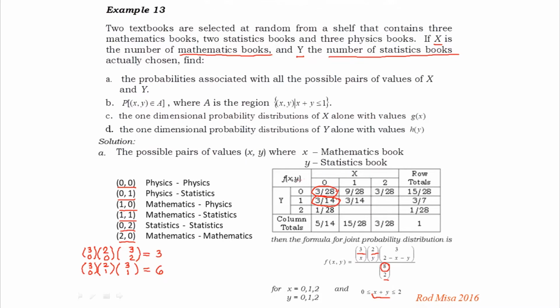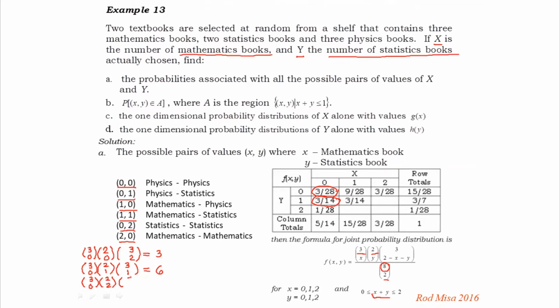But when your x is 0, which means that there is no mathematics book, but your y is 2, this means that the 2 books are all statistics books. So solving for the probability is to take the combination of 3 taken 0 at a time, but your 2 books must be taken from the 2 statistics books here.